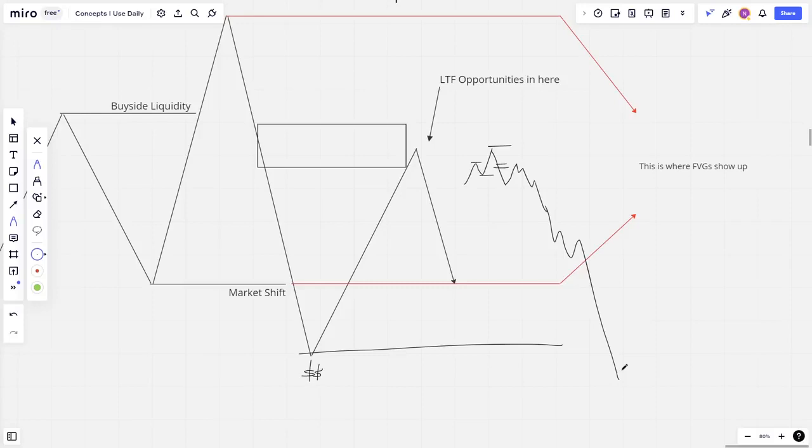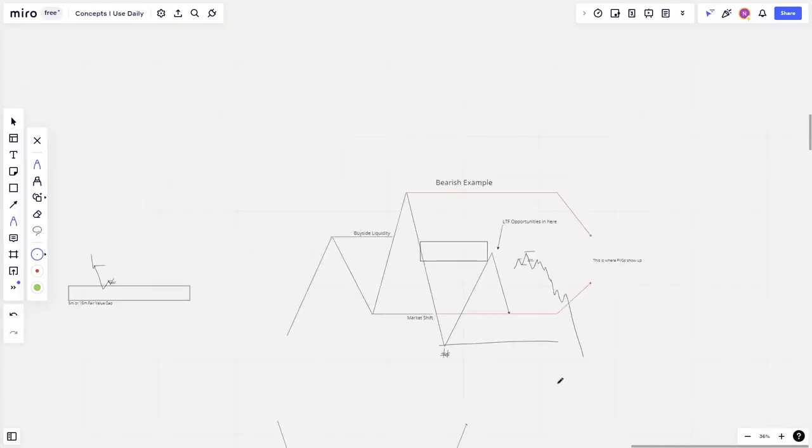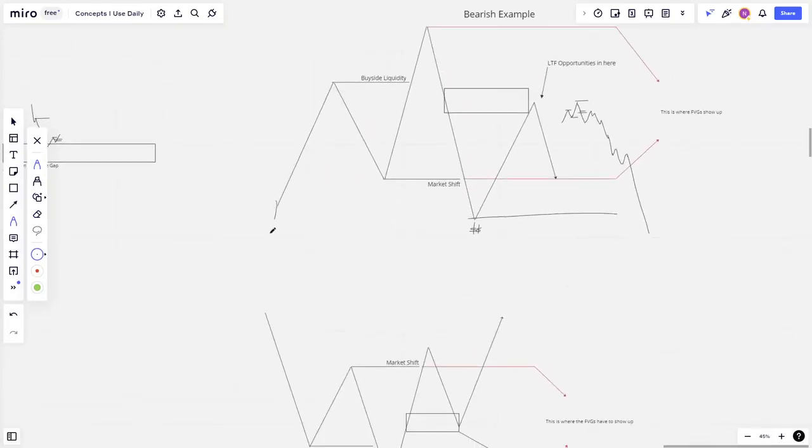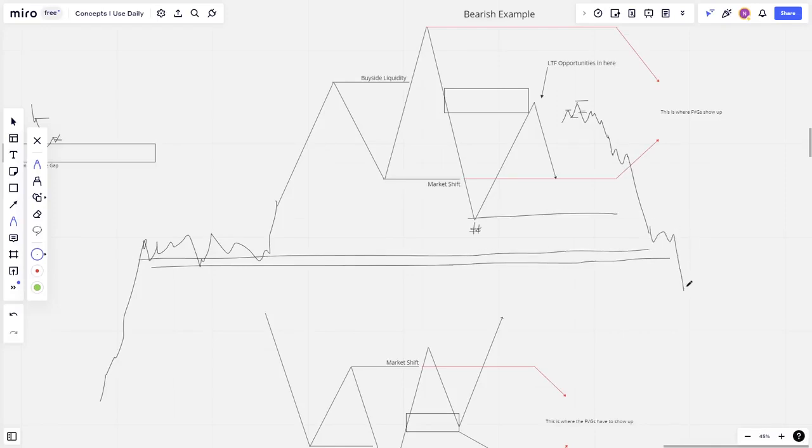We're looking for the trend to continue. But as an example, maybe we want to be a little bit more risky, and back here there was a little bit of a range that basically caused a higher high, right? And we could say, okay, let's look at this sell side liquidity. So we have a little bit of a larger target, which could be an extra 2R, 3R, or just an extra 1R, right?